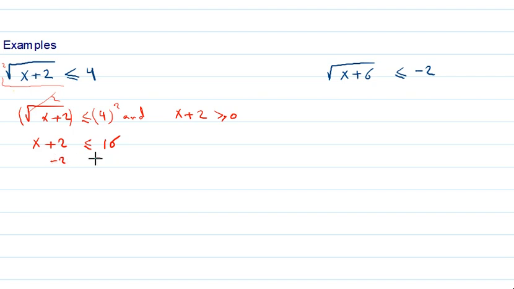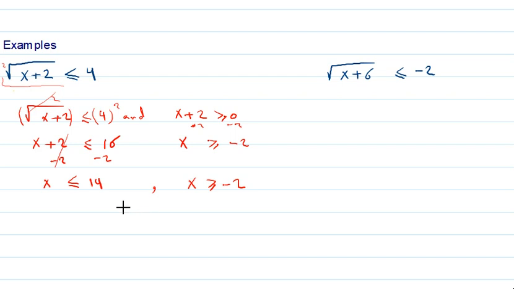Now get rid of the 2 by subtracting. We have x is less than or equal to 14. But we have to check the condition: subtracting 2, x is greater than or equal to minus 2.